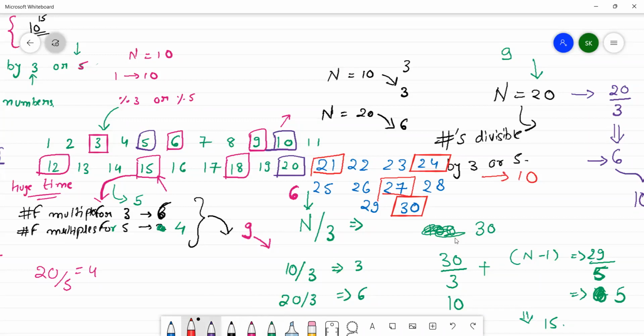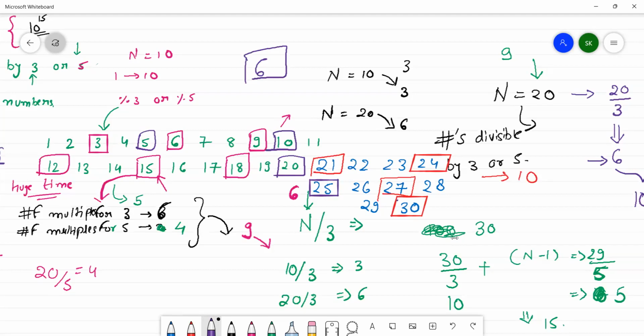Now if I go for 5, I'll get only 25 and 30. That is total, if I count the multiples, I'll get 6. Correct? Yeah, we need to find the count.